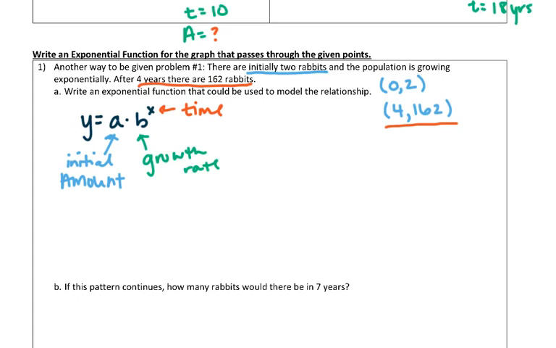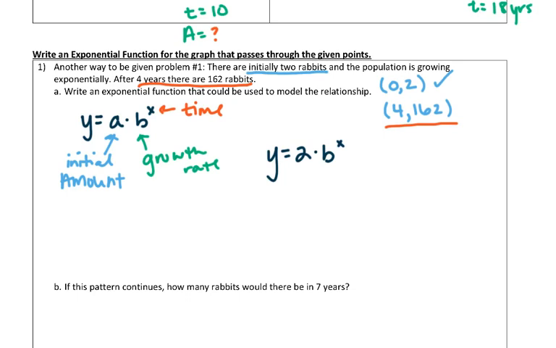So we can already start by writing y equals 2 times, the part we don't know is b to the power of x. So in order for this to be an equation it always has the x and the y, but you need to figure out what that b value is. Now, we already did our work with that 0, 2. Right? That was our initial rate.